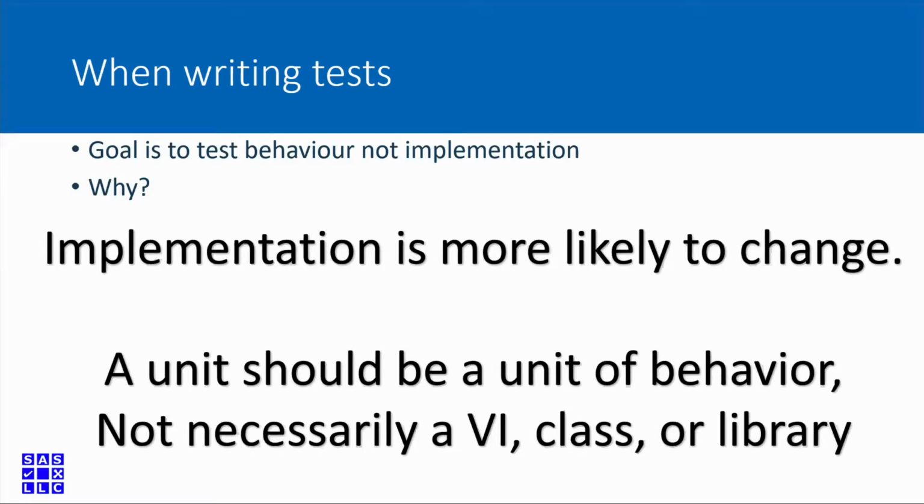Maybe I'm splitting hairs here, but I think thinking about it clearly as behavior, as opposed to I'm testing this VI or I'm testing this class or I'm testing this library, I think when you get to that level, you're specifying more implementation, because you don't really care about whether it's a class or a library or a VI that does this thing. You just want to make sure that this thing gets done, this behavior. So that's just a thought that I had when I was putting this together.